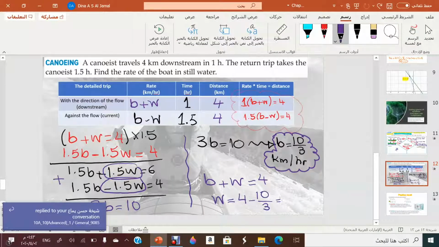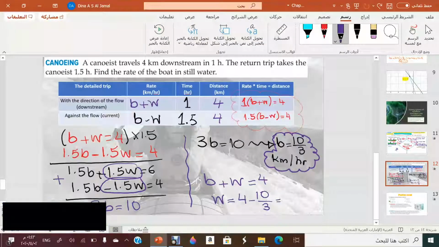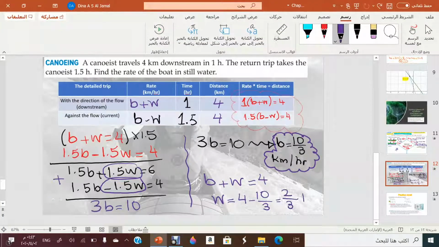And when you calculate it, it will be 2 over 3 kilometers per hour. And with this, you have the value of B and the value of W.